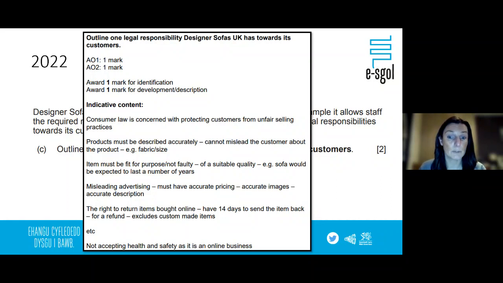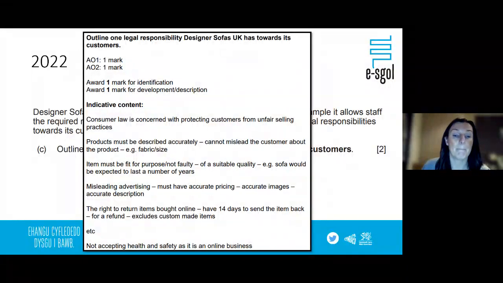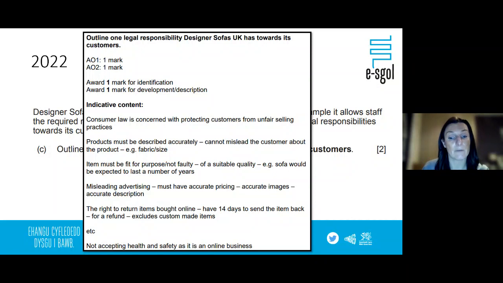Misleading advertising: must be accurate pricing, accurate images, accurate description. You must not mislead in advertising. And the right to return items bought online, having 14 days to send the item back for a refund. Okay, so on and so forth with that one. Now, it wouldn't accept any health and safety as it's an online business with regards to that.